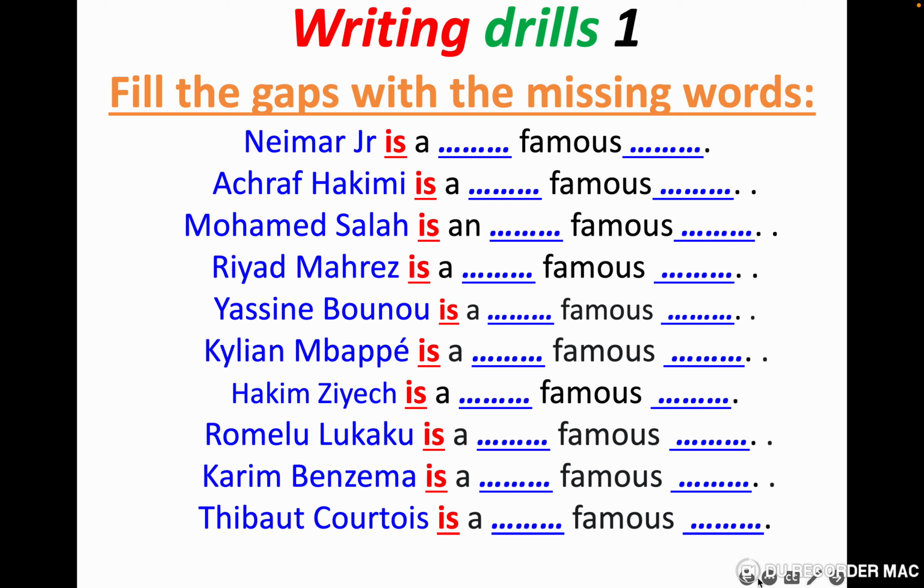For example, if I say Neymar is a Moroccan famous doctor, I think it's not correct. So you need to write the correct nationality and the correct job. Ashraf Hakimi the same. You need to write his nationality and his job. If I say Ashraf Hakimi is a French musician, it's not correct. You should write the correct one.